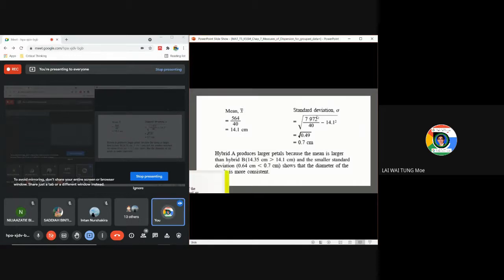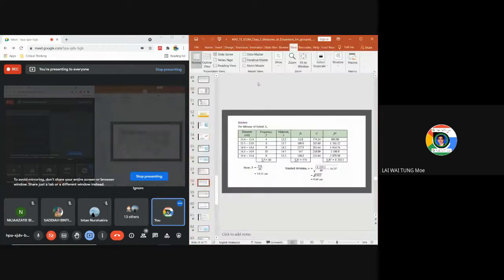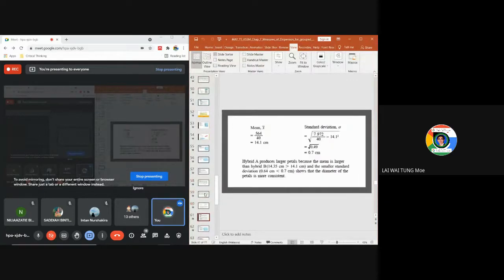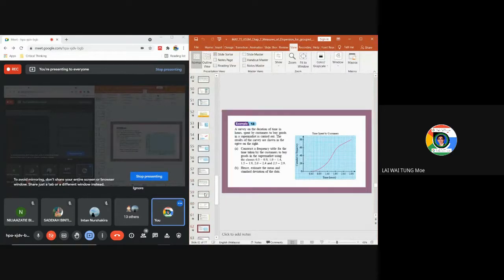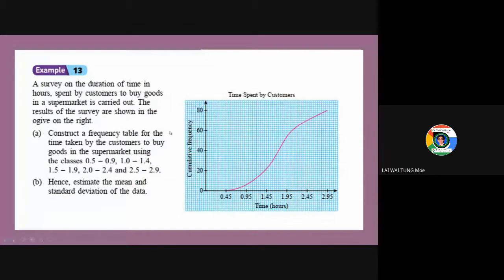And then the next part, I want to show you one example on how to solve a problem involving the measures of dispersion. Okay, so example 13. I'll read the question.